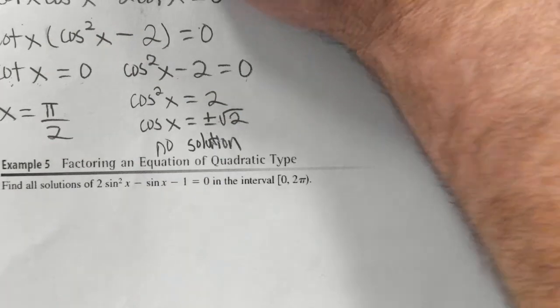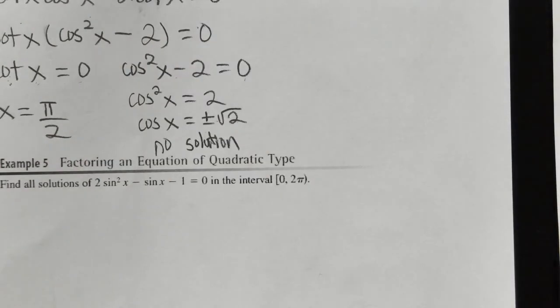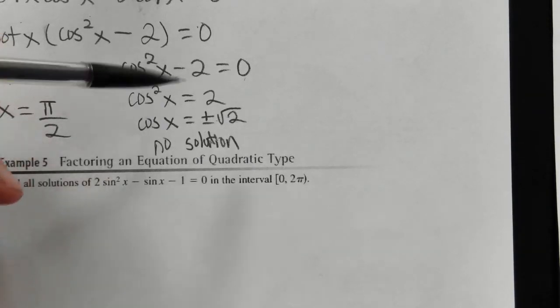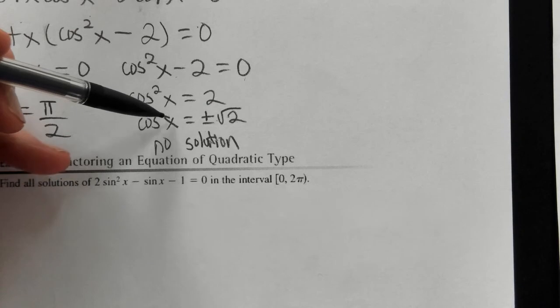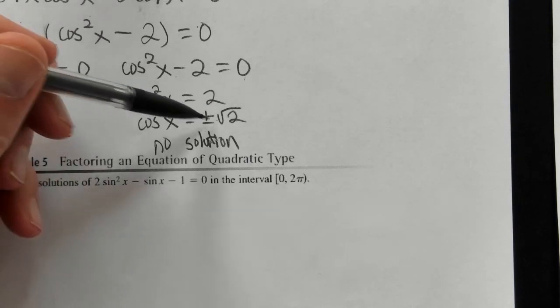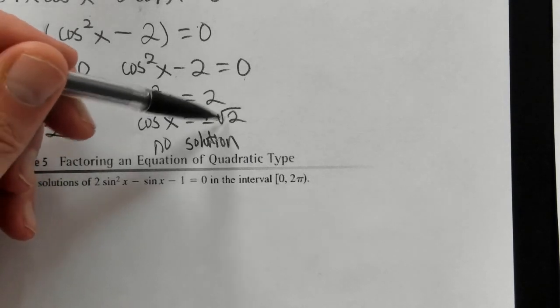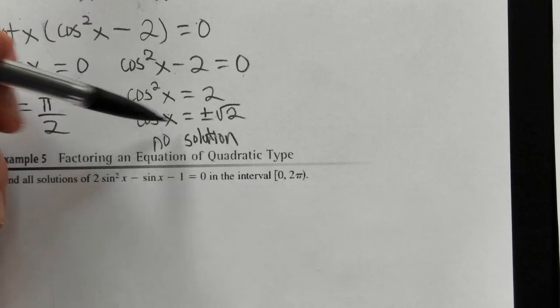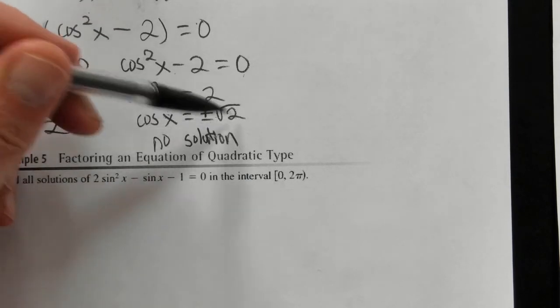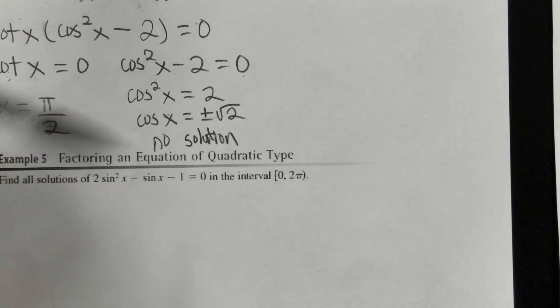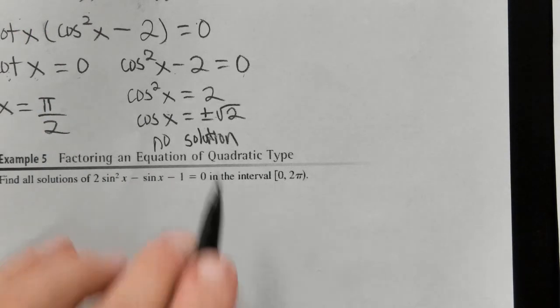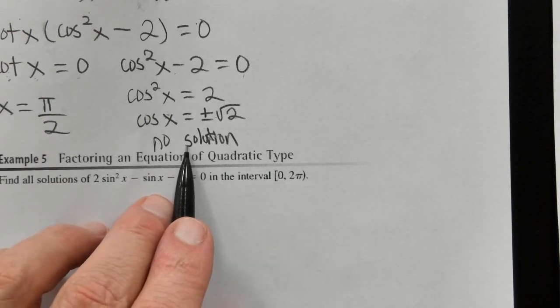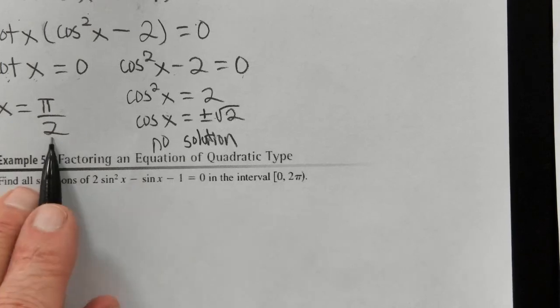Because there is no angle you can plug in here that would give you plus or minus the square root of 2. This value is outside of the range of the cosine function. So the only solution that we have to deal with for this equation is this one.